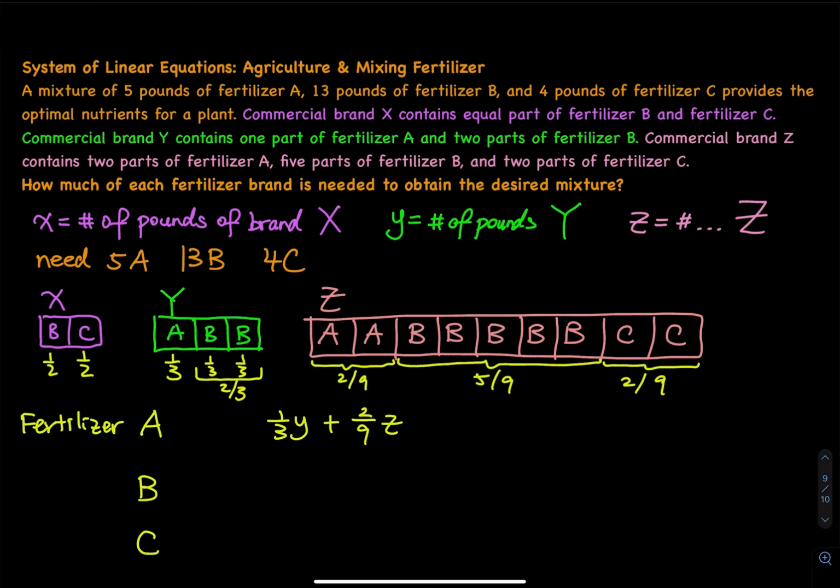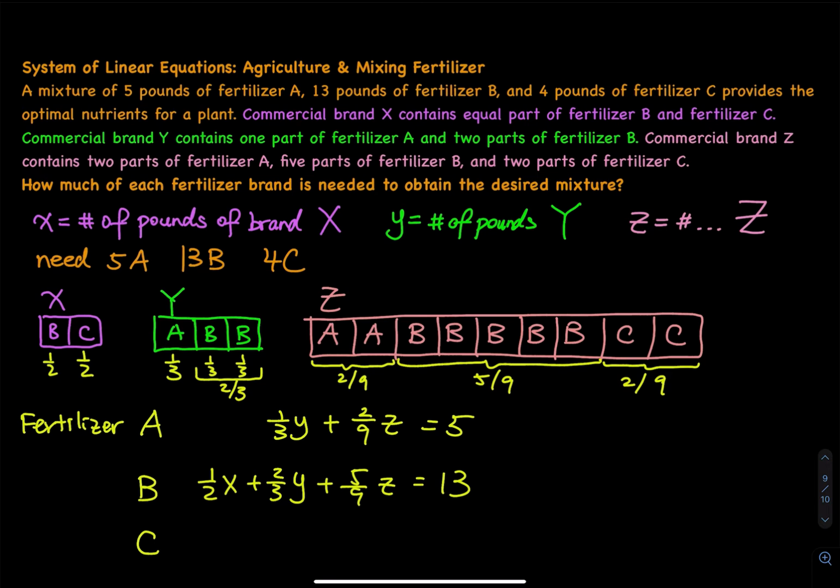How many pounds of A do we need? 5. So this equals 5. And then for B, I have half X, 2/3 Y, and 5/9 Z. So that is 1/2 X plus 2/3 Y plus 5/9 Z. The total equals 13.